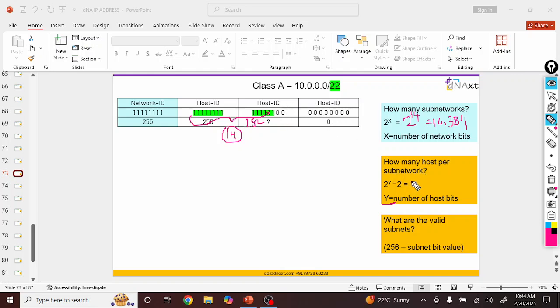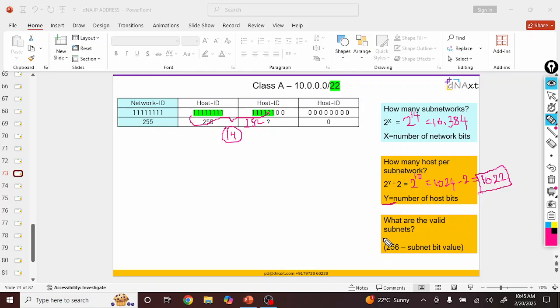So we have 10 host bits. So 2 to the power 10 is 1024 minus 2, as we always subtract two IP addresses, one for the network ID, one for the broadcast ID, because these IP addresses you cannot assign to your host, and hence 1022 valid host IP addresses you will get in each of the subnetworks.